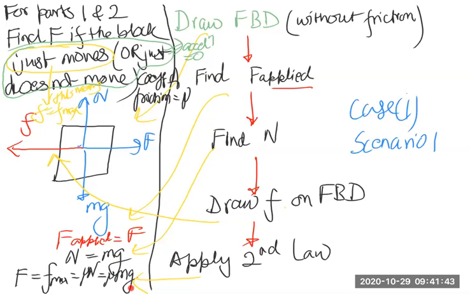So F is equal to mu mg is the value of F for which the block just does not move. अगर मैं mu mg से ज्यादा फोर्स लगाऊंगा, जरा सा भी ज्यादा फोर्स लगाऊंगा, a block will start to move. ये सबको आया समझ में? Is this understood?